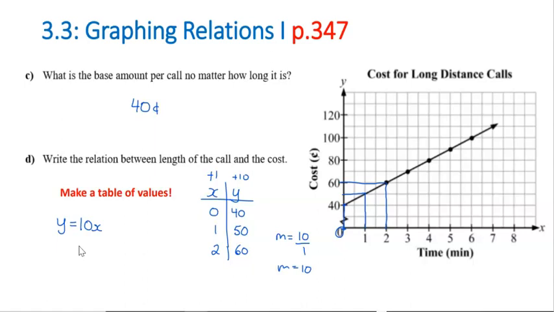We have to get up to 50. Our bridge here is plus 40. And that makes sense. 10 cents for every minute plus the 40 cents for the base means we are going to get the price for this long distance call.